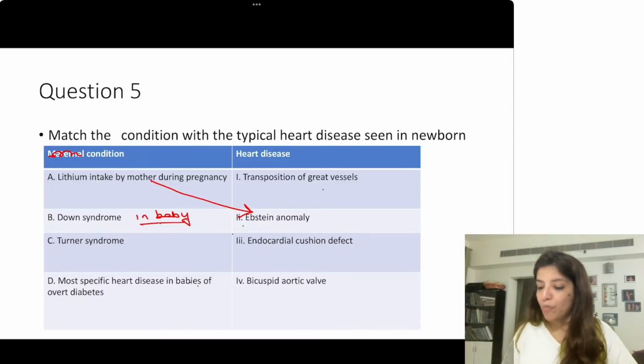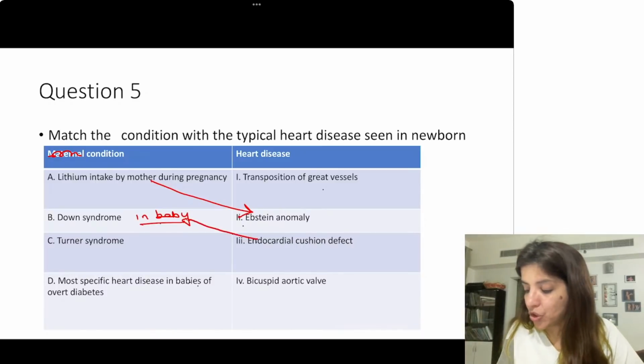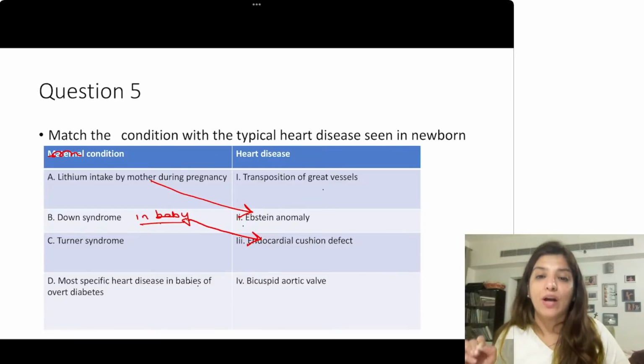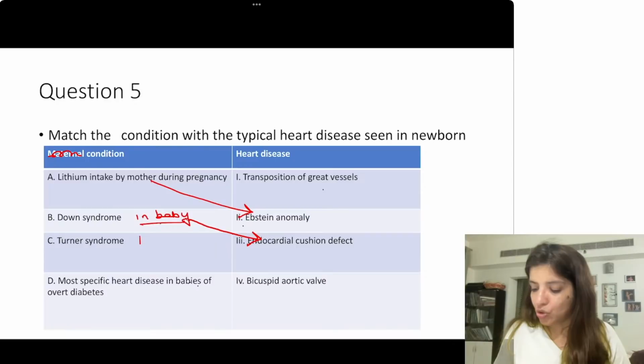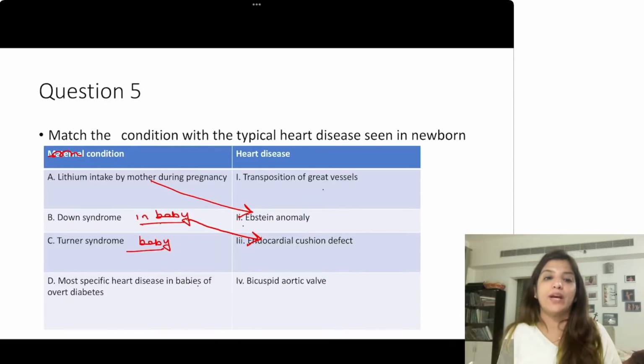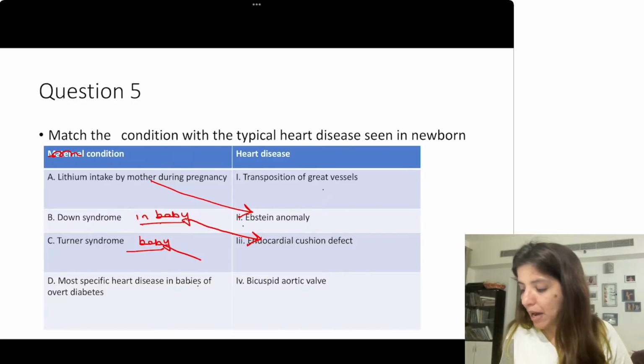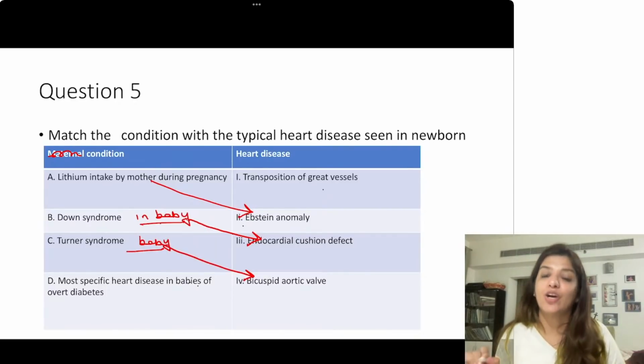In Down syndrome babies, the typical heart disease which you get is endocardial cushion defects. Right? Okay. In Turner's syndrome, what do you get? If a baby has Turner's syndrome, what heart disease are you going to get in them? In Turner's syndrome, you are going to get bicuspid aortic valve.